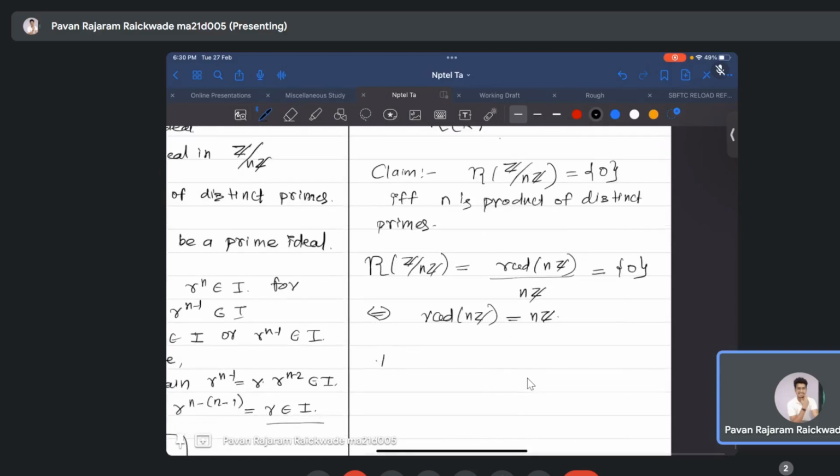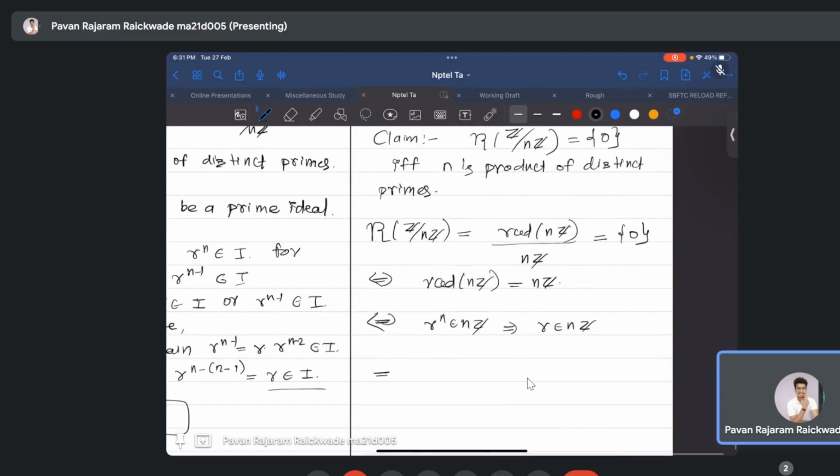It implies r to the n belongs to nZ should imply r belongs to nZ. So what does this mean? This means n divides r to the n should imply n divides r. That's all. So when does this happen?